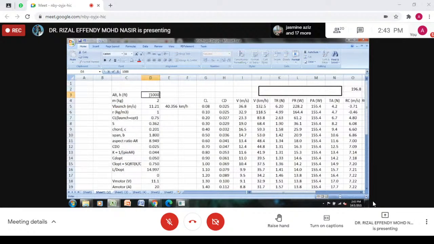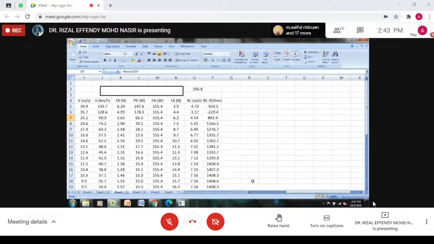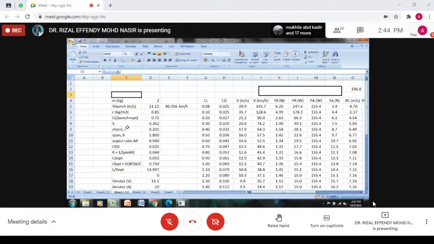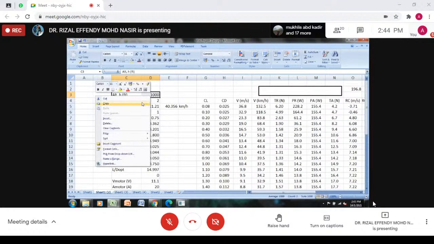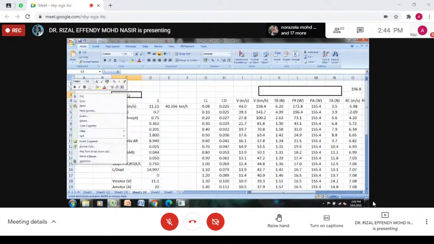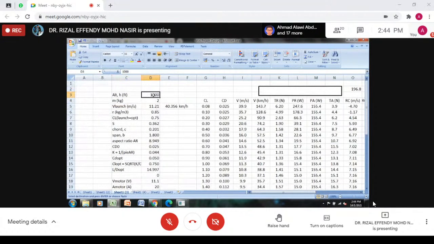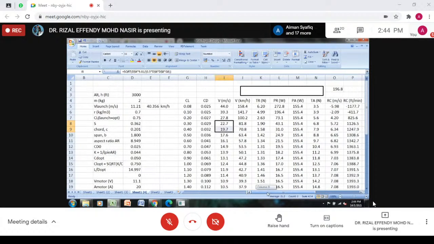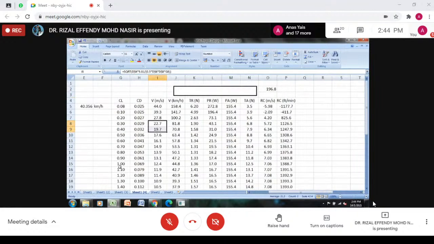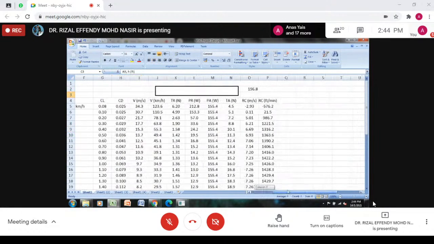Okay, yang ni katakan 1,000 kaki, 2,000 kaki, 3,000 kaki. Contoh contoh. Now what we want to find is the maximum rate of climb at each altitude. Okay, let's start with the sea level 0.